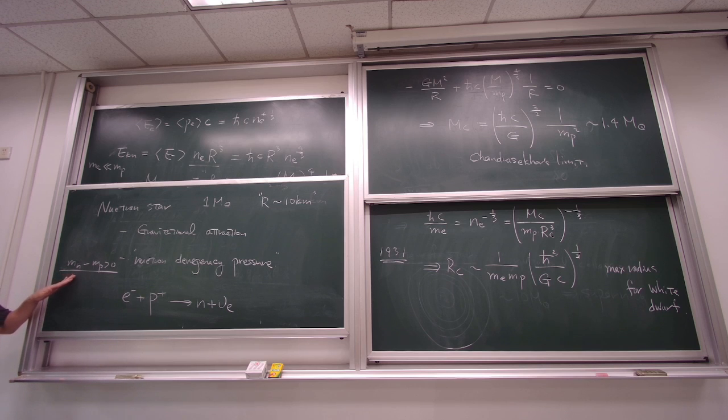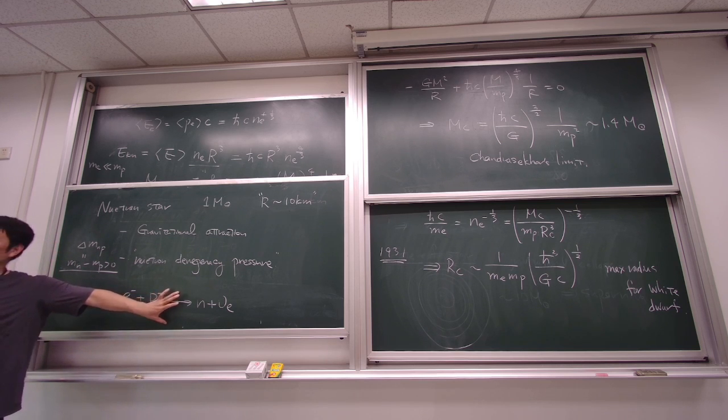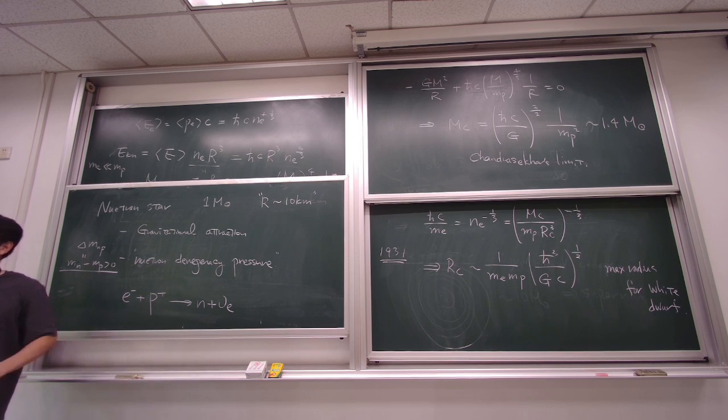So to get the difference, you need energy, which we'll call delta M_N minus M_P. You need some energy of this delta M to trigger this reaction.